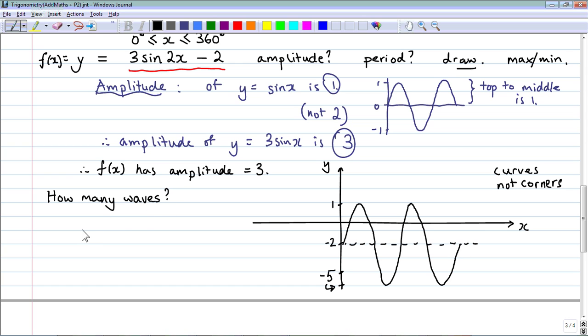So if you studied this in physics, this should all be quite easy for you. This could be considered one wave because it starts and finishes in the same place. This would be 2 waves, and so on and so on. And of course the technical name for one complete wave is a period. So really what we're asking is how many complete periods.